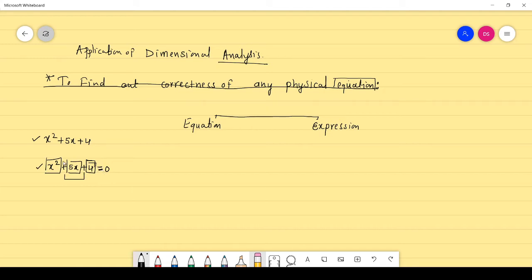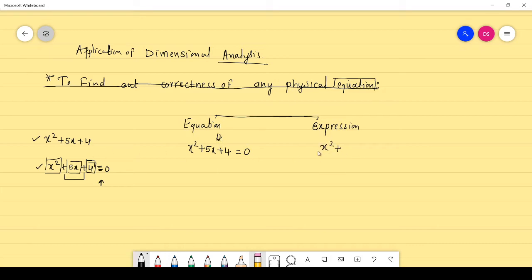The equal sign is a must. So when the equal sign comes, it becomes an equation. So x square plus 5x plus 4 is equal to 0 is considered as the equation, right?